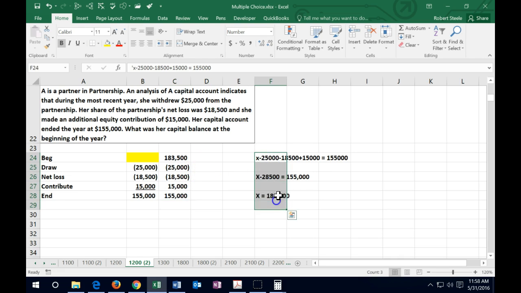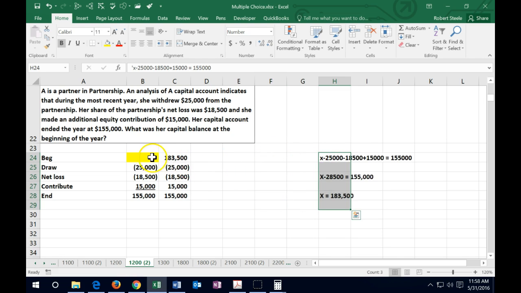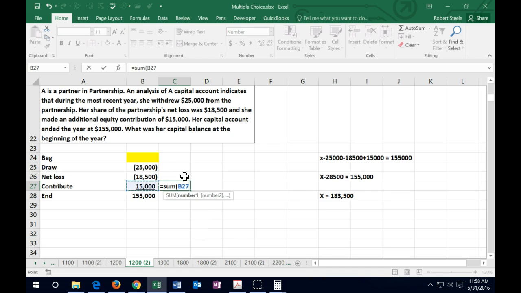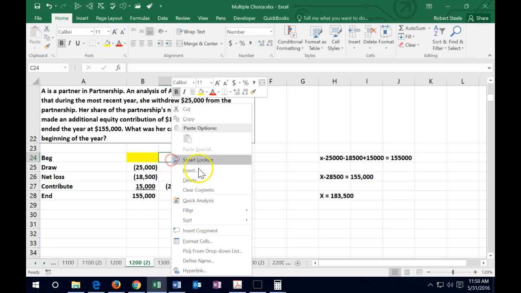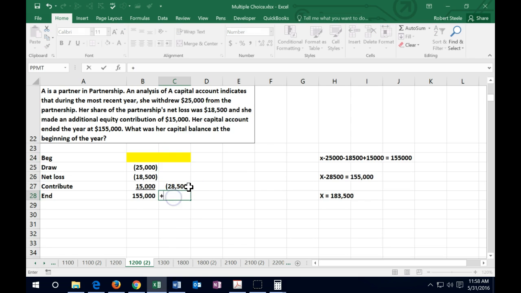If you want to do it a little bit quicker than having this formula, you might try to think about it this way. You'd say, okay, this and then all these things. So what if I just combine these into one number? So if we summed these three numbers up, we still have this unknown x, which I'll just make yellow again, and then we know that this ending number.